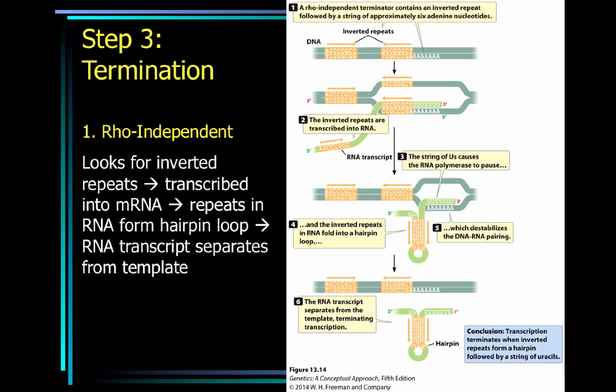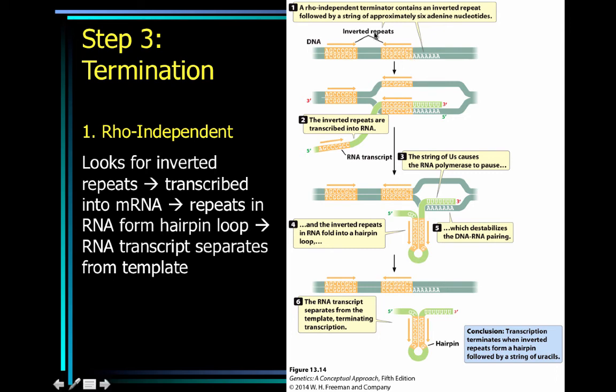The Rho-independent termination system is going to look for the inverted repeats, and those are going to be transcribed into messenger RNA. Then those repeats are going to form a hairpin loop structure. And that hairpin loop structure is then going to signal the messenger RNA to disassociate from the DNA template.